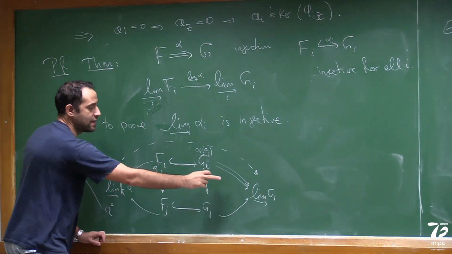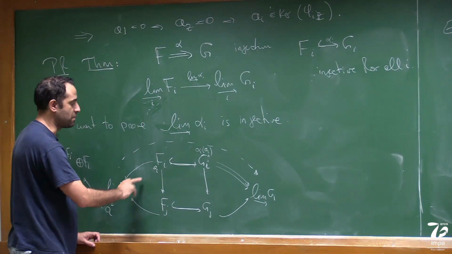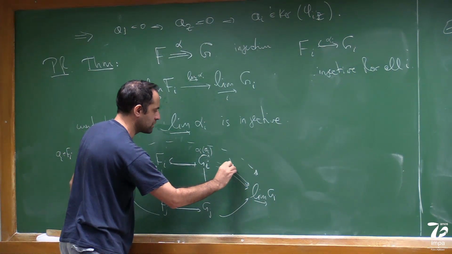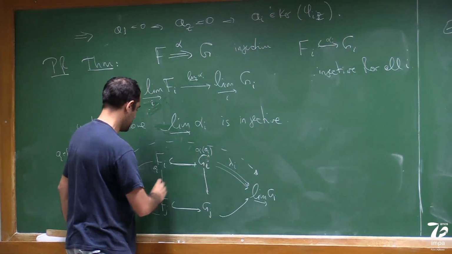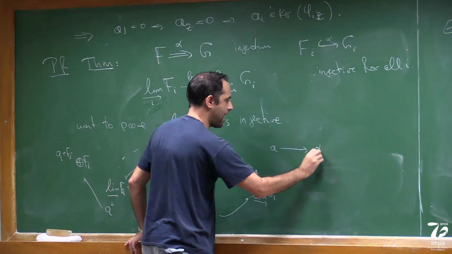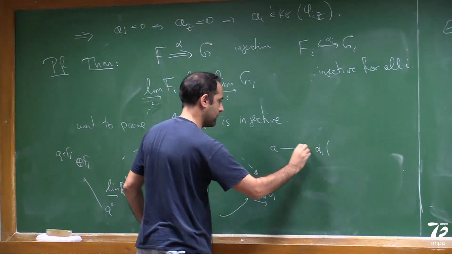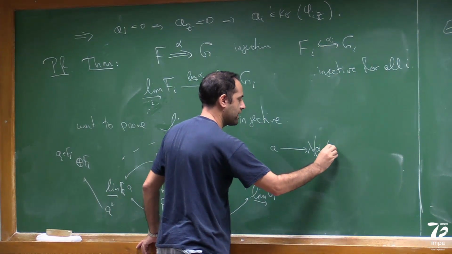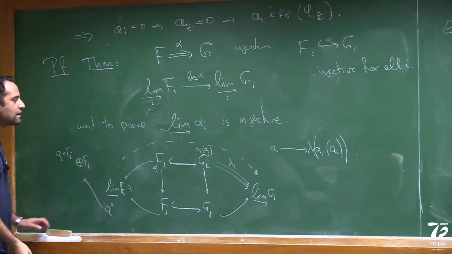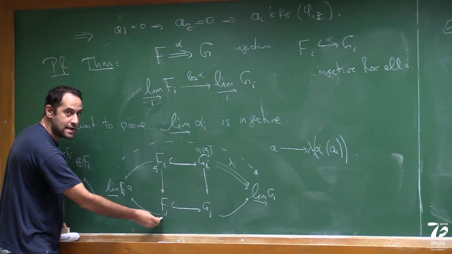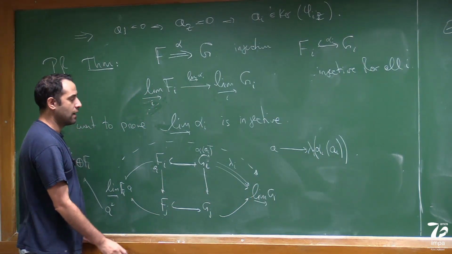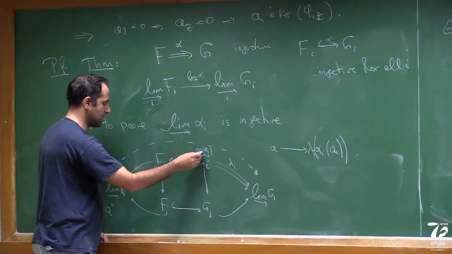So precisely the image of A is going to be, if I put a name to this, I think I was calling this guy lambda I. So the image of A maps to lambda I of alpha I of AI. And nothing depends on choices, because if I find any other j here where this diagram commutes, I can just take this whole thing.